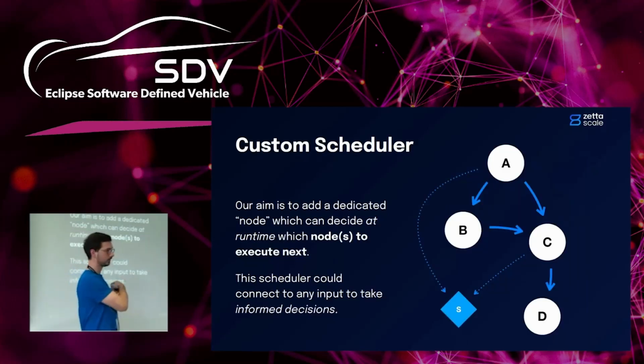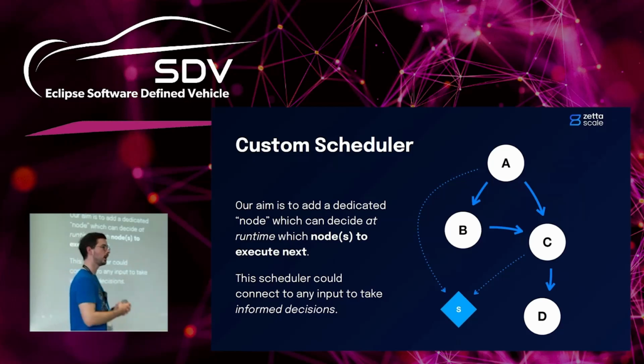What we want to go next is that we actually want to give you the capability to control at runtime, with a specific node, what should run next. To give an example, what we call a custom scheduler would enable scenarios such as behavior trees. An example we were given: you're in a car, driving on the highway. It's not the same constraints and not the same graph that you're going to run.